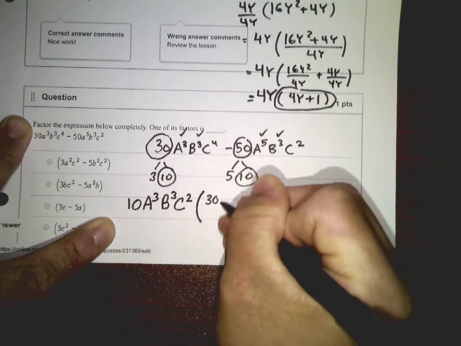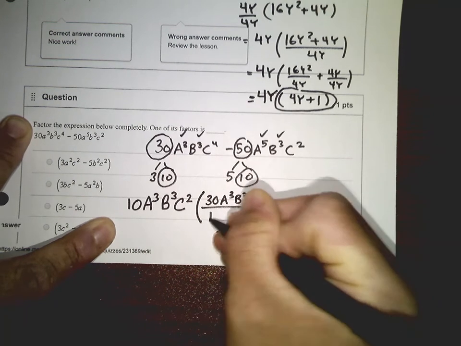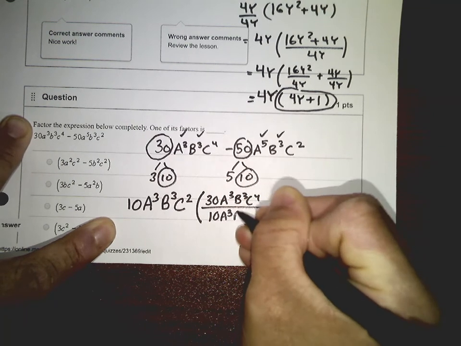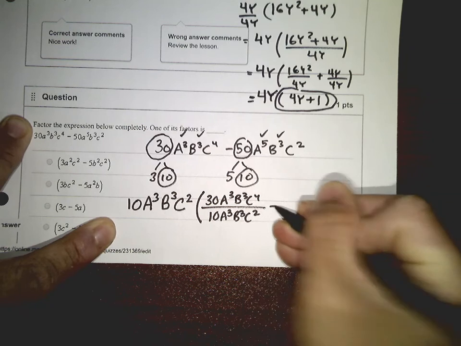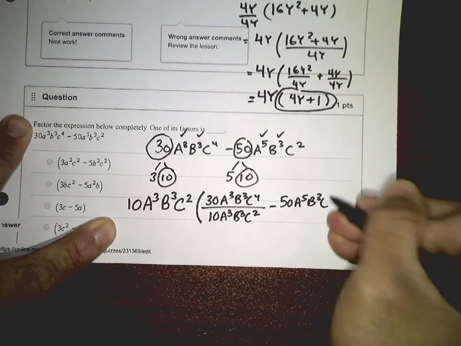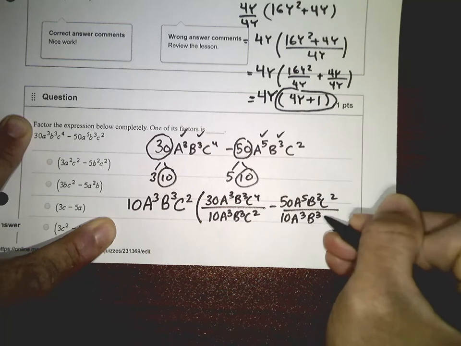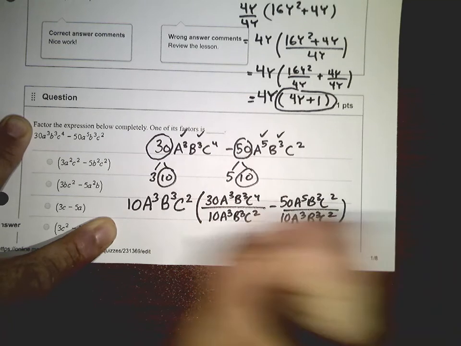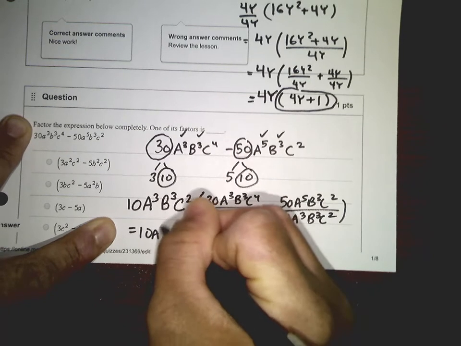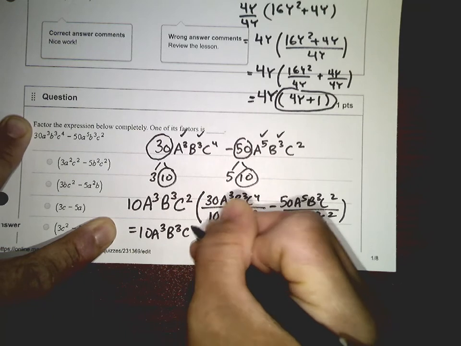So 30a to the third, b cubed, c to the fourth over 10a cubed, b cubed, c squared. Then 50a to the fifth, b to the third, c squared over 10a to the third, b to the third, c squared.